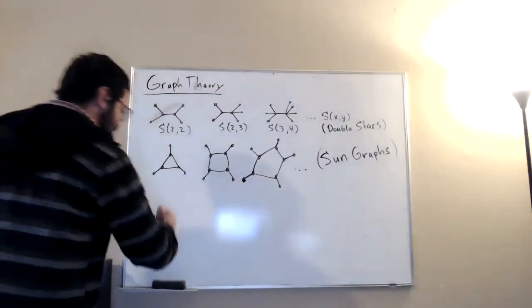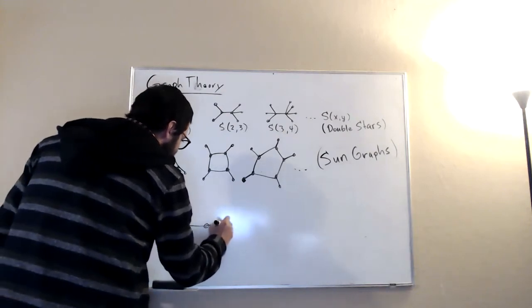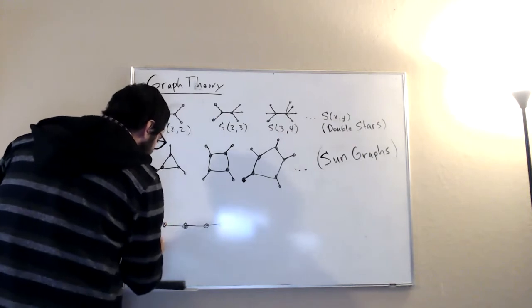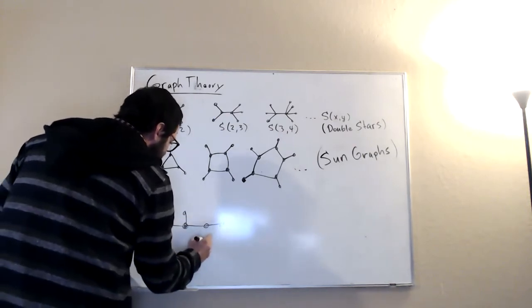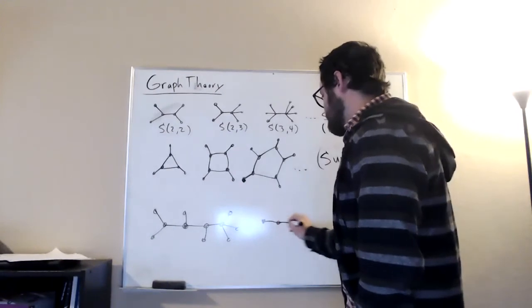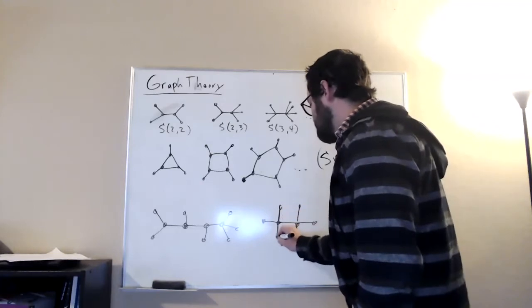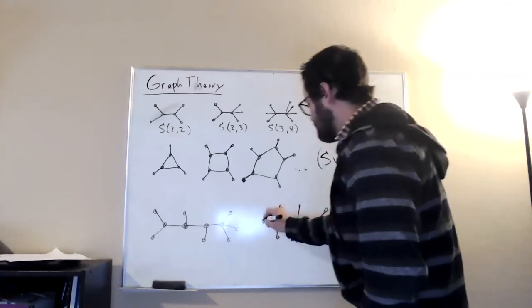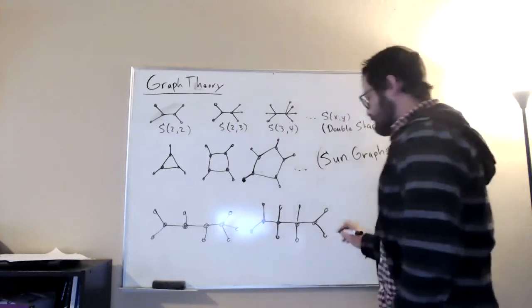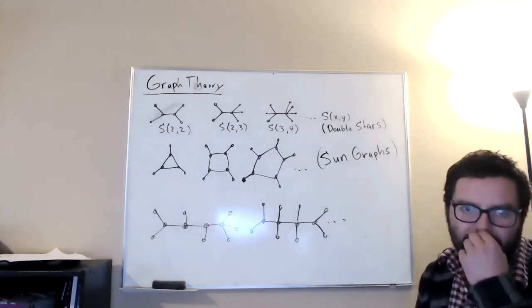Okay. Another type of graph that you can form in a similar process is if you start with a path and then you just put leaves on the path like that. So that's one. This is one. And you can do that any number of ways. You just start with a path and put leaves on each vertex of the path.